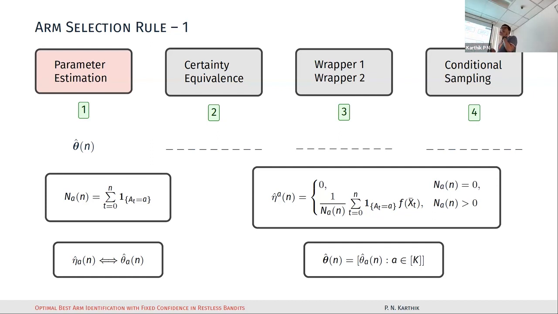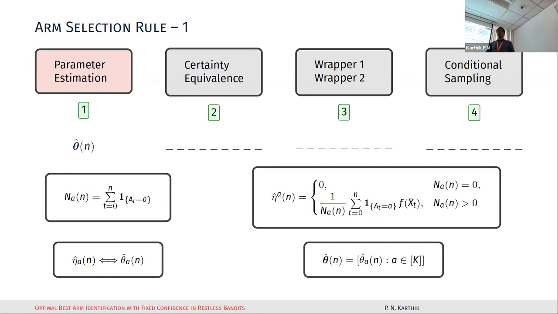Okay? This is using the uniform policy, sir? Or policy? Yeah, I'm going to tell you what I use. But as a first step, at any given time, we estimate the parameter. I'll tell you how I'm going to sample the arms. So we estimate the mean, come to the theta vector.